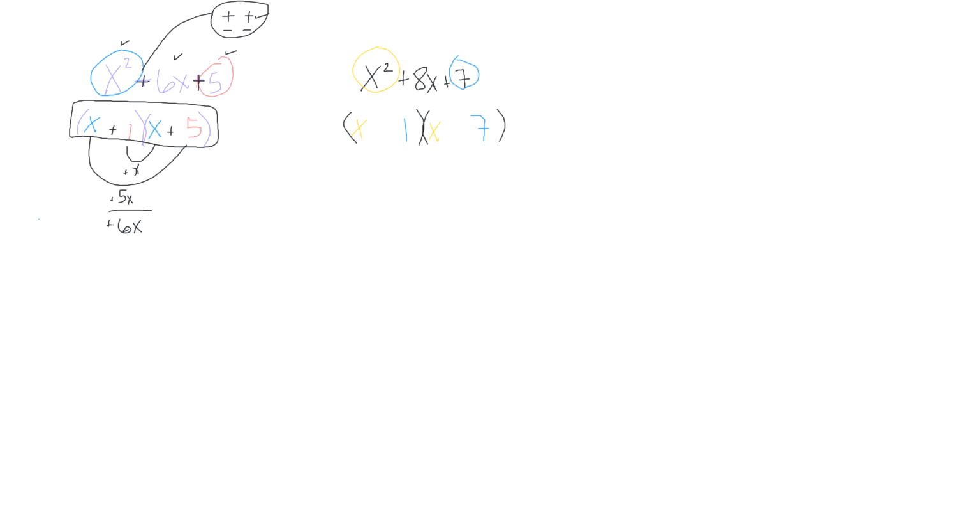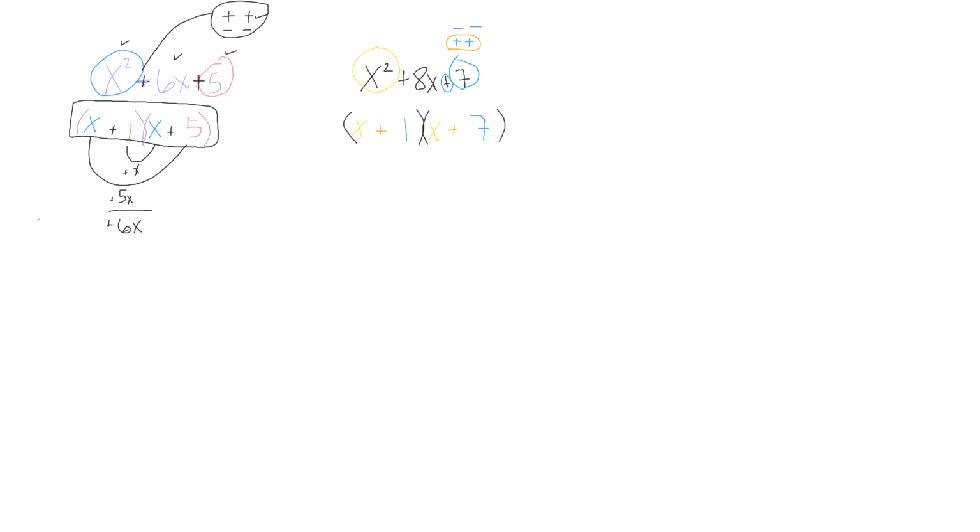And I look at my second sign, which is positive. So I either need a negative times a negative to give me a positive, or a positive times a positive to give me a positive. My first sign is positive, so I'm gonna need to go with the positive ones because that's what's gonna add up to a positive number.